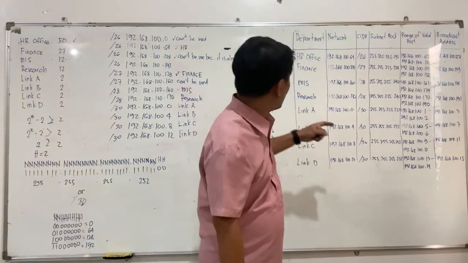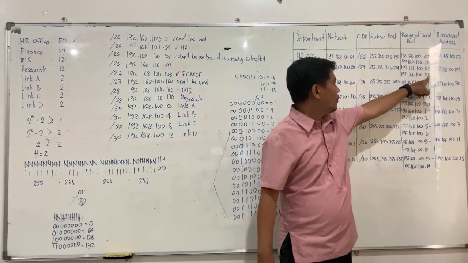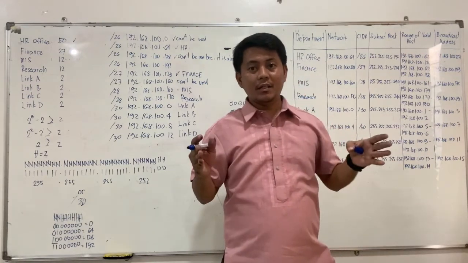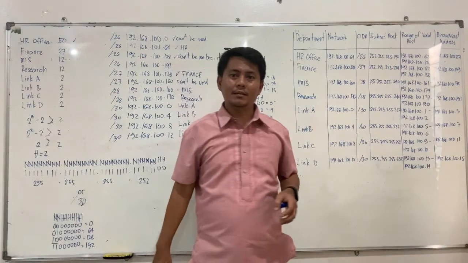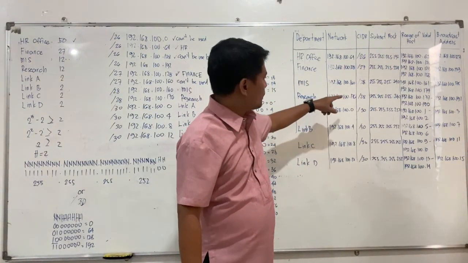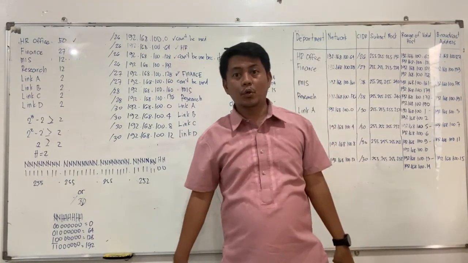So there is only a minimal number of IPs being wasted. From the finance office, from the range 129 to 158, more or less, the range is 30, and we need 27. For the MIS and research, I think that is from 161 to 174, that is 14.